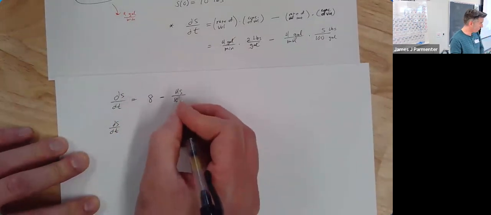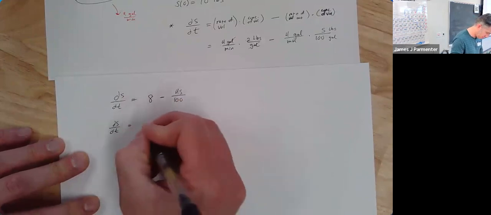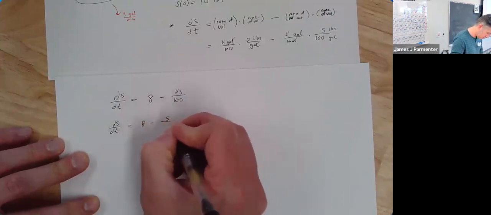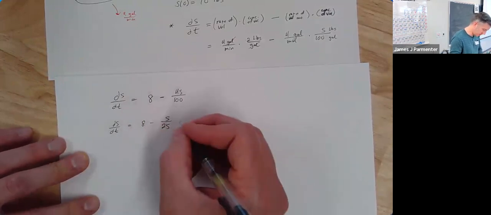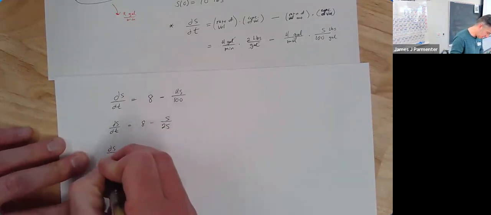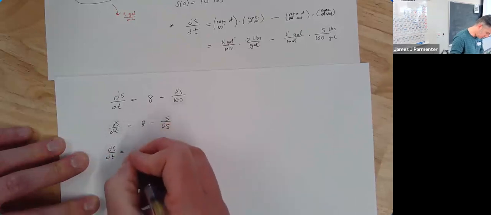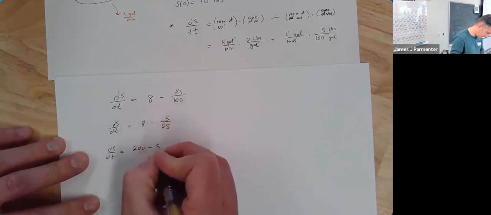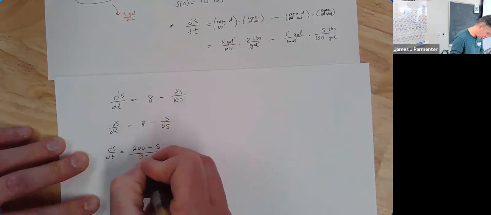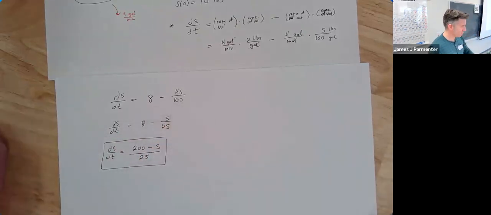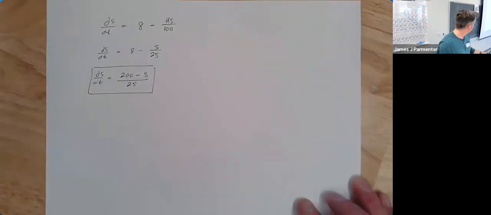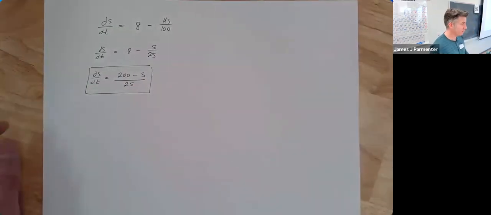I would reduce this to s over 25. And then I'd get the common denominator, and 8 times 25 is 200. So I'm going to write this as ds/dt equal to (200 minus s) all over 25. There is our differential equation. Now, we also want to solve it.